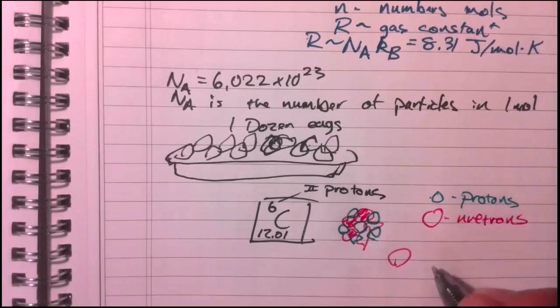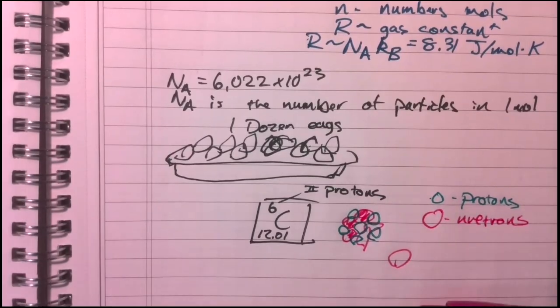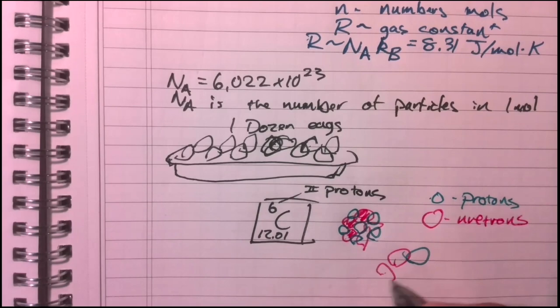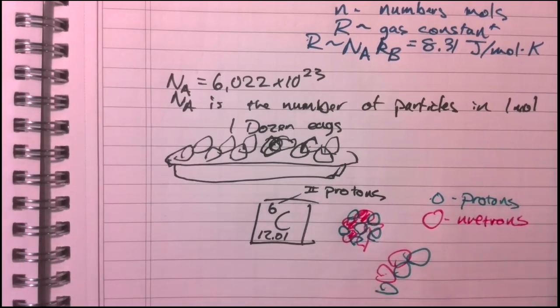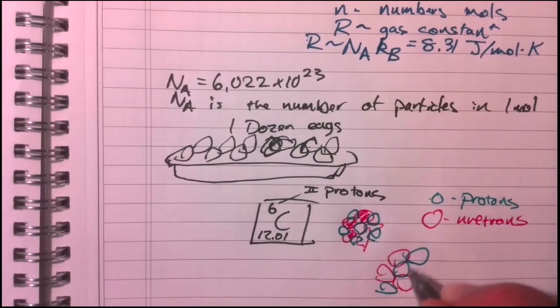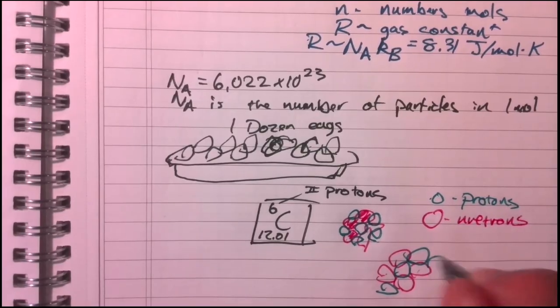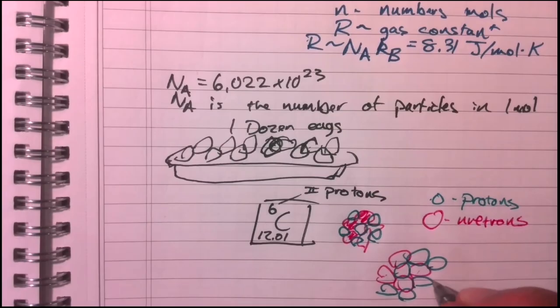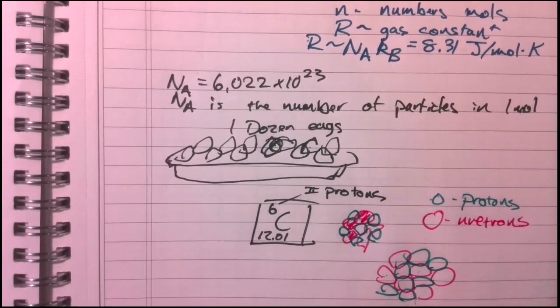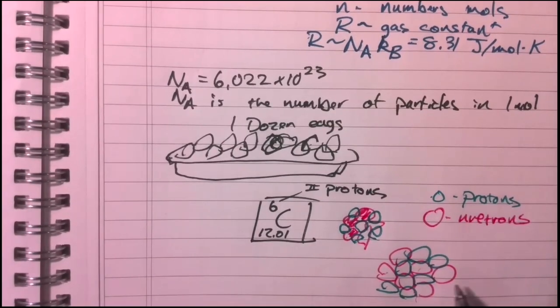Let's do a different drawing. They're kind of distributed like this, maybe. I don't know exactly what it looks like. It's kind of like a blob in the nucleus. So we have 6 protons and 6 neutrons.